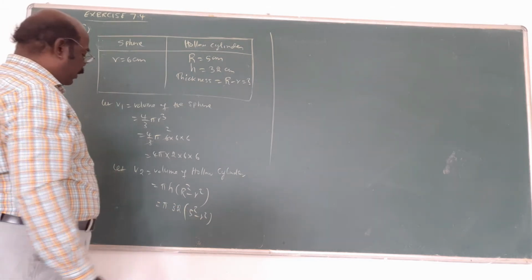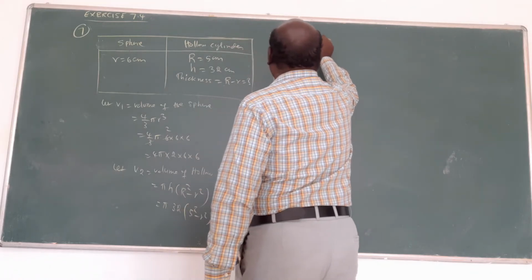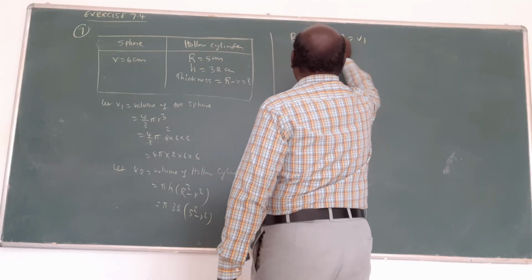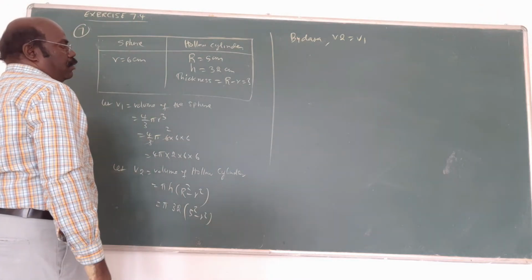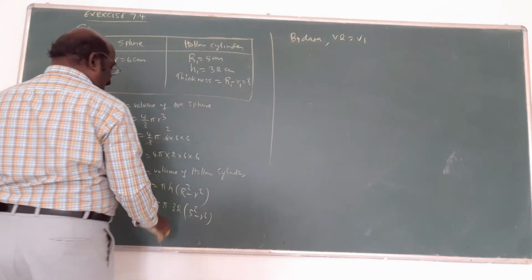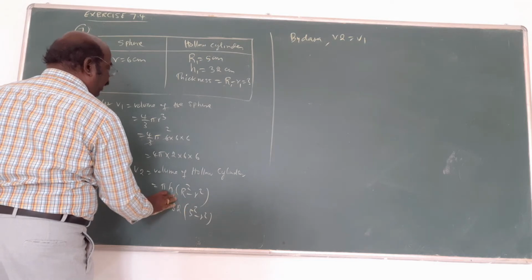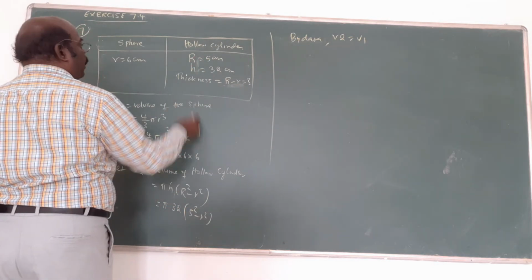Am I right? Now by data, V2 equal to V1, because the sphere is melted and made into the hollow cylinder. That's all.